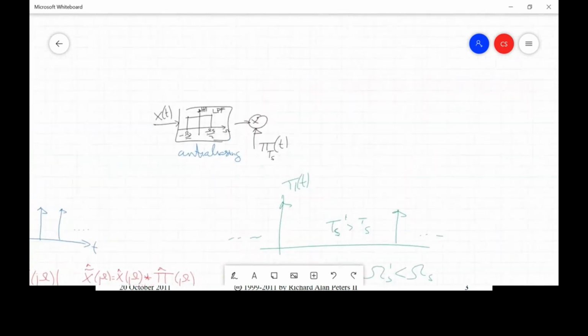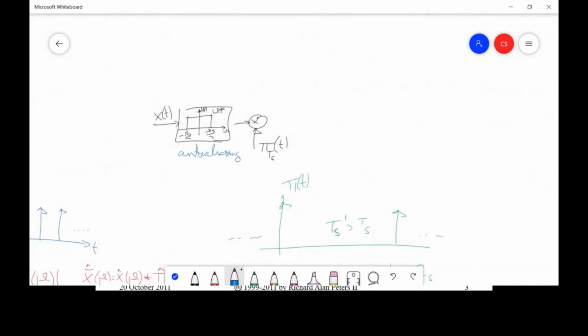After the anti-aliasing filter, at this point, the spectrum would be something like this, at minus omega s half and omega s half. And this would be the spectrum of the low pass filtered version. And now you can sample.